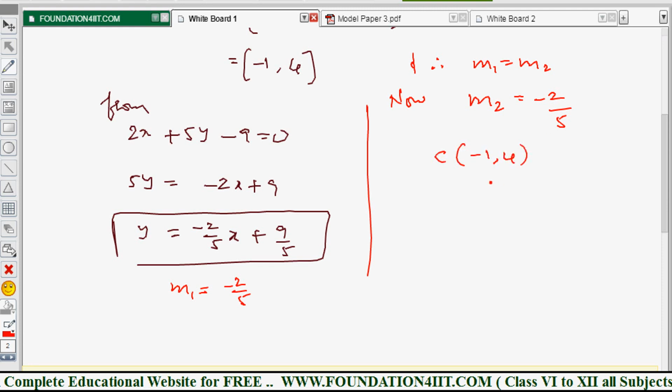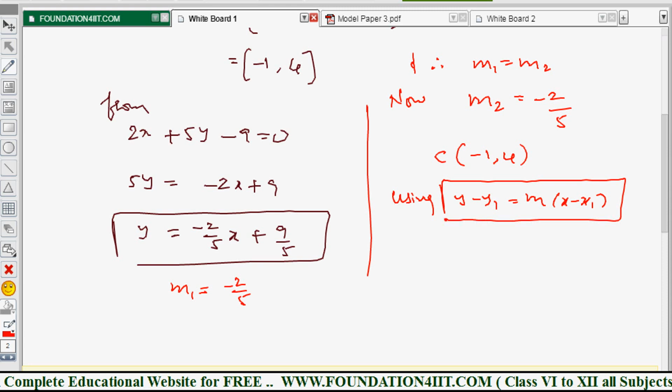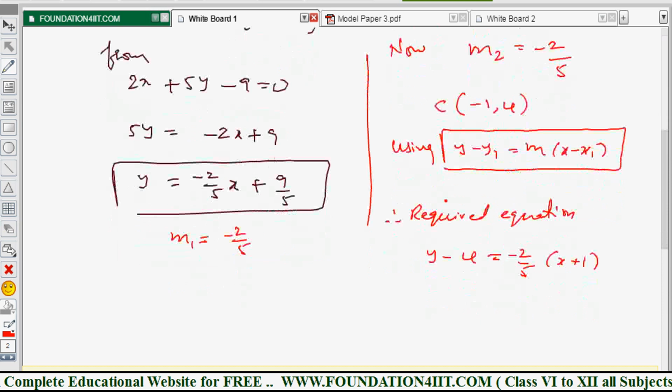Now the point slope form: y - y1 = m(x - x1). This is the point slope formula, right? Therefore, for the required equation, just substitute these values: y - 4 = -2/5 (x + 1). That's it, we can simplify this.